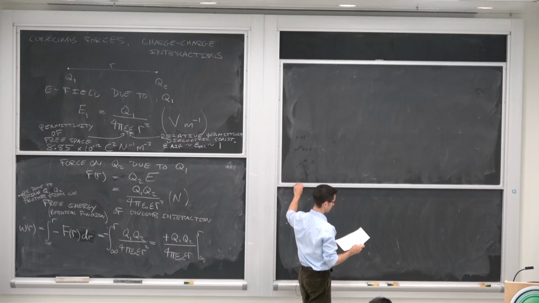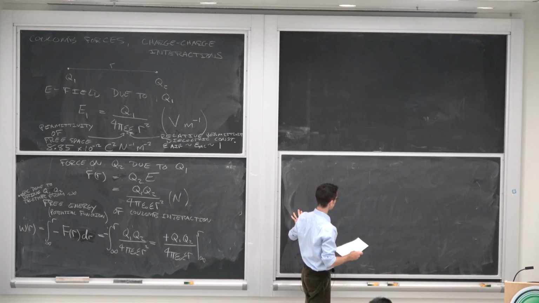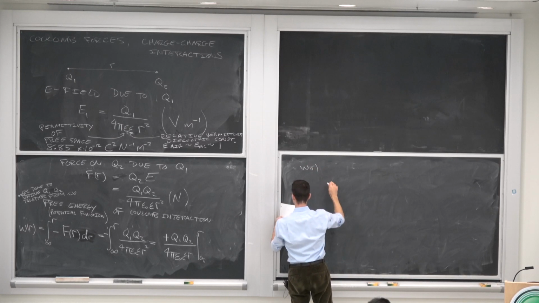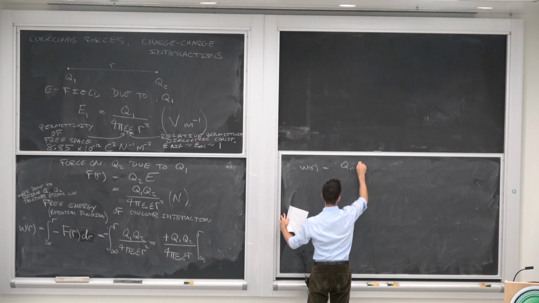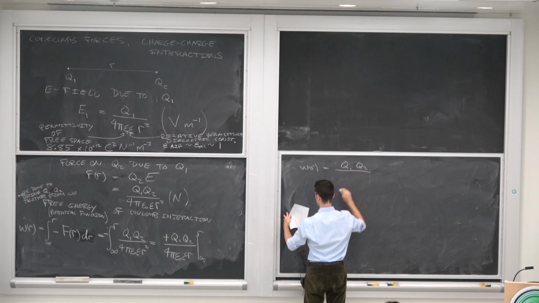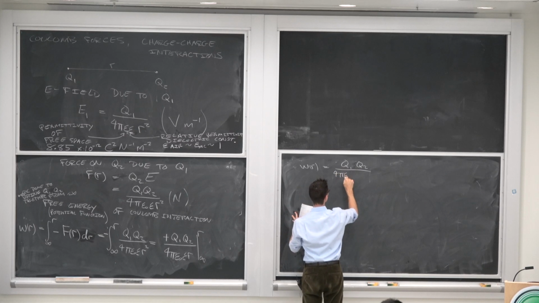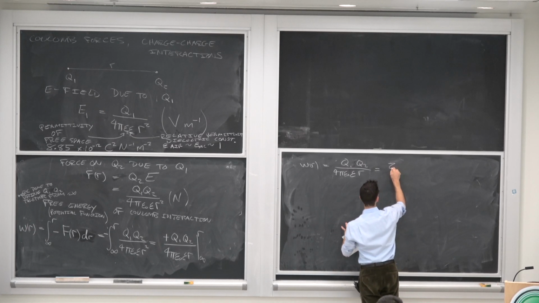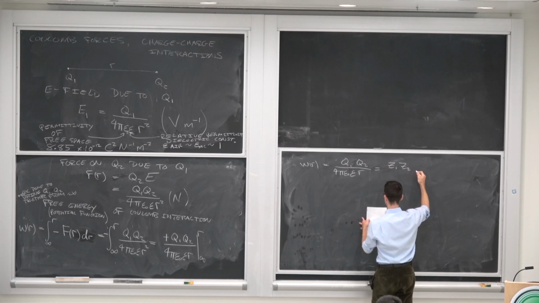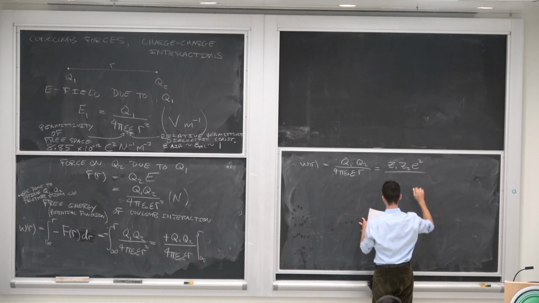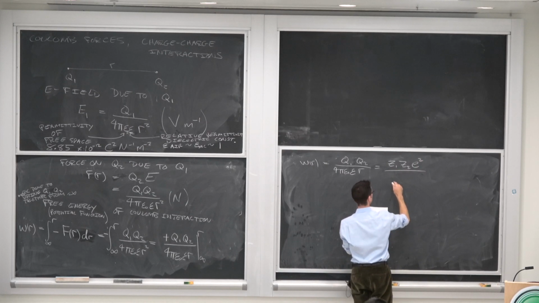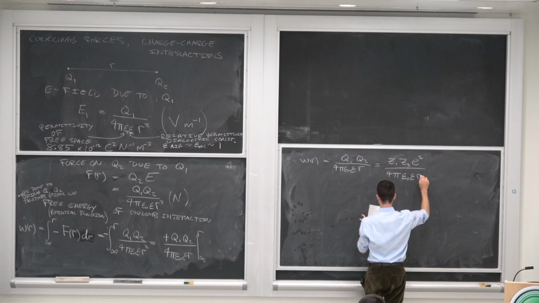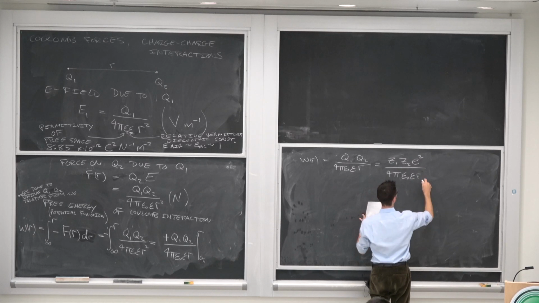And the final result is going to be W of r equals Q1 Q2 over 4 pi epsilon naught epsilon r, or to write this another way, z1, z2 times e squared, which is the fundamental charge squared, over 4 pi epsilon naught epsilon r.